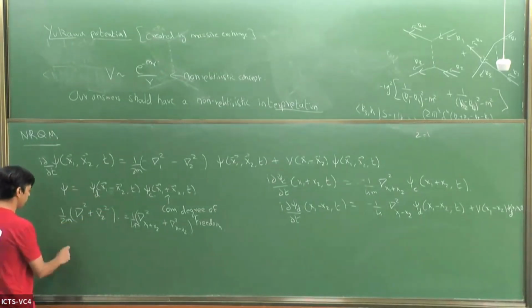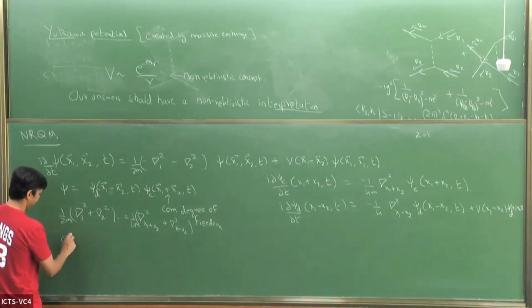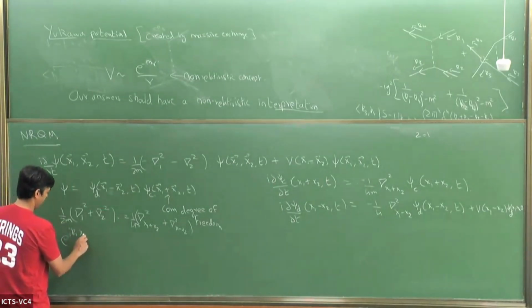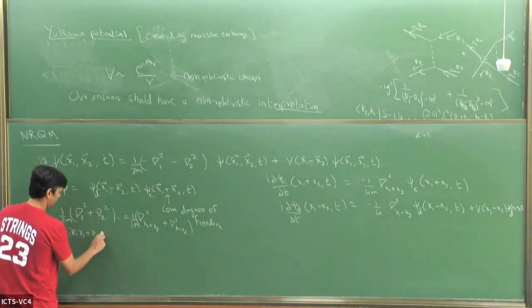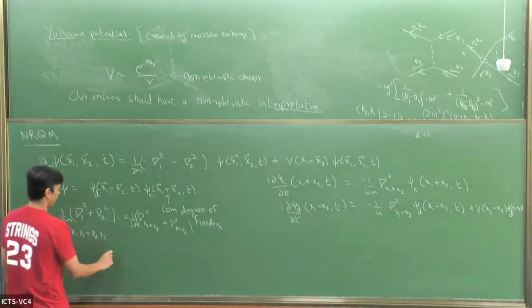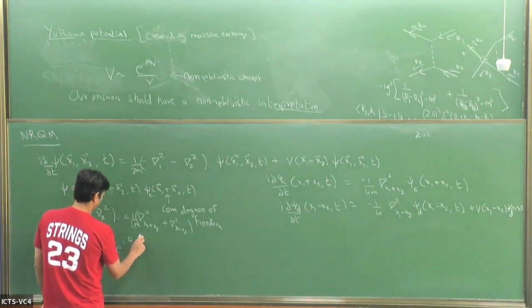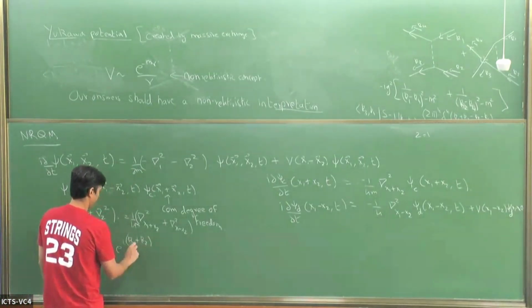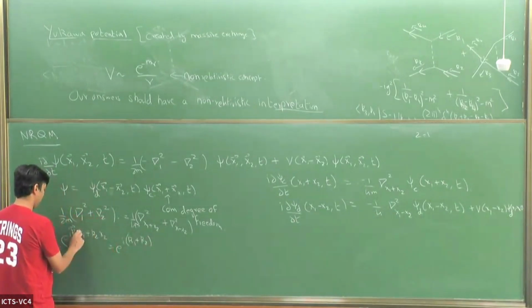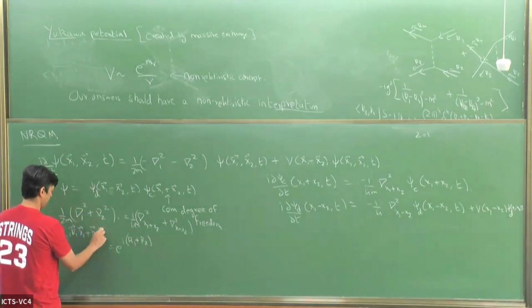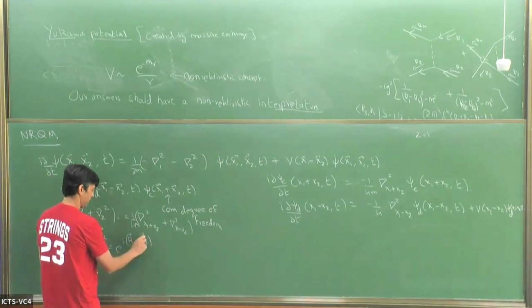So notice the following fact, if I look at e to the i (k1 x1 plus k2 x2), this looks like e to the i (k1 plus k2)... Sorry, these are all three vectors, which will be important in a minute.